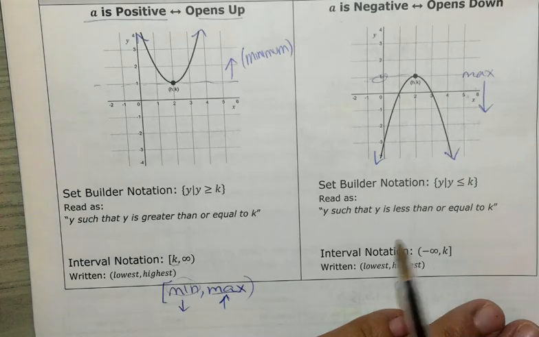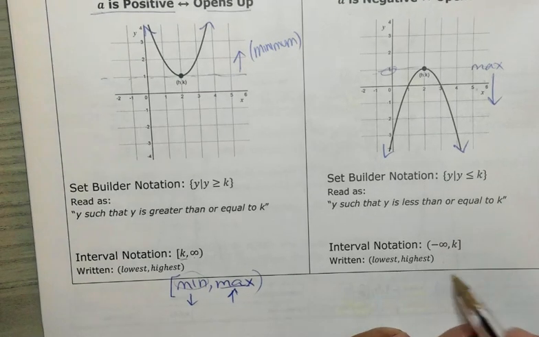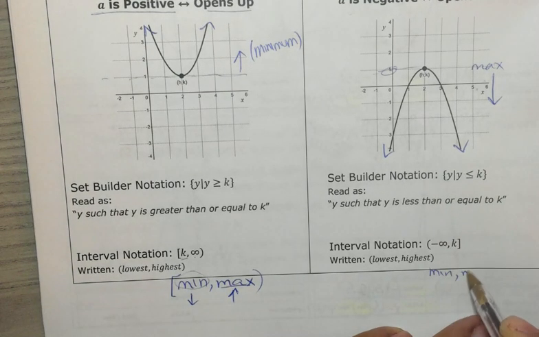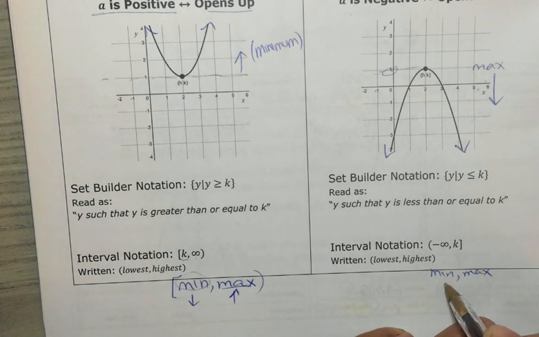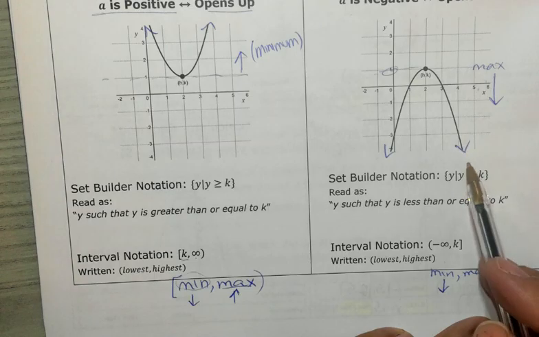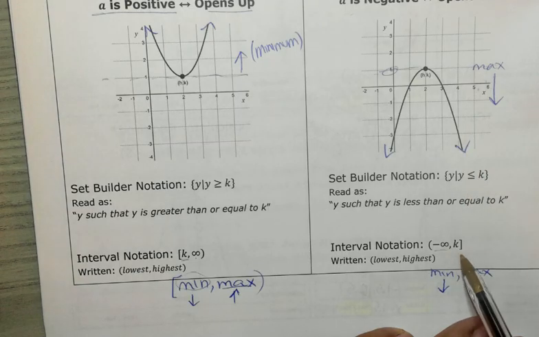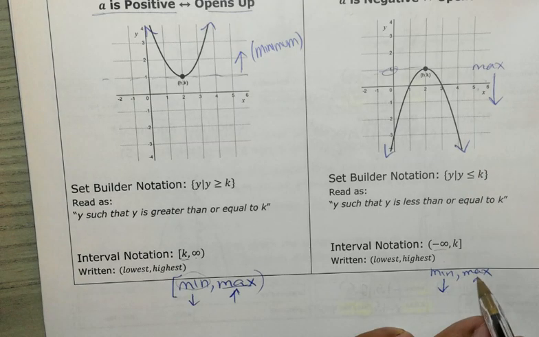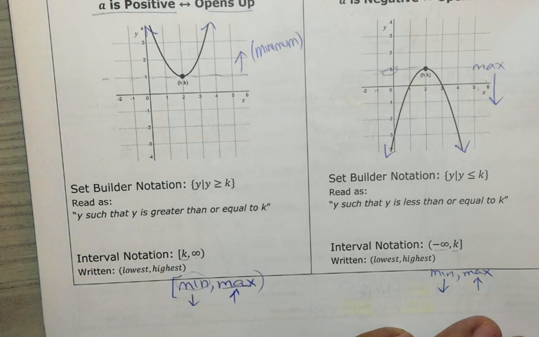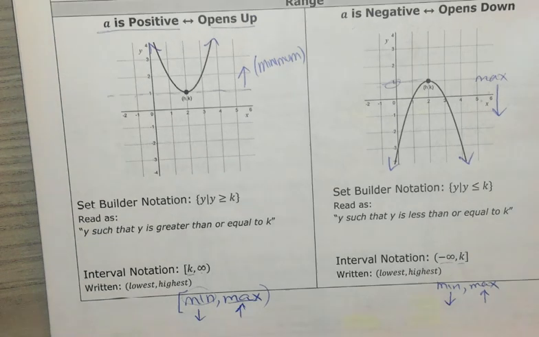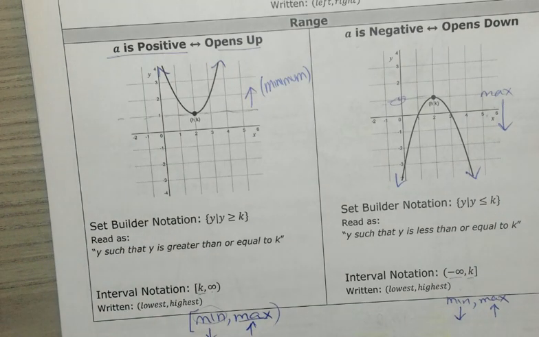And then your interval notation is opposite because you're still writing it as minimum, comma, maximum, but now your minimum is negative infinity. It's going to go down forever, so negative infinity. And then your maximum is the number where it's stopping. So again, it's about understanding carefully how to write these notations.